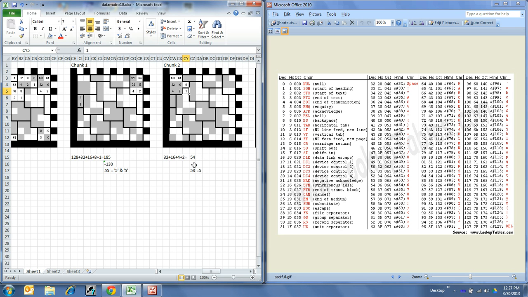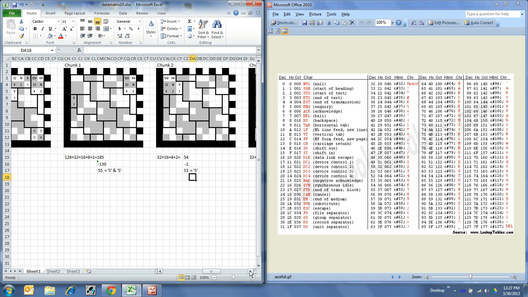We subtract 1 because all these ASCII values are actually the value plus 1, which gives us 53. And if we go over to our ASCII chart, 53 equals an ASCII 5. So that is our next character. It is our third 5.